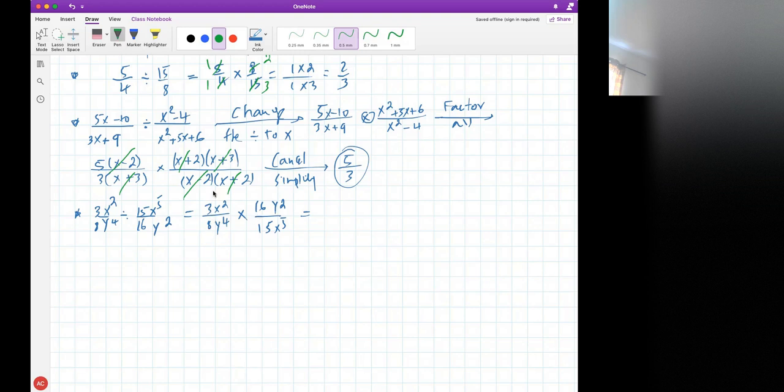We try to simplify within each fraction if possible. Nothing cancels here or here, same thing here. Now we're going to try to cross simplify. So this way we can reduce by 3. 3 into 3 once, 3 into 15, 5. And then this way, by 8. So we have 8 into 8 once, 8 into 16, twice.